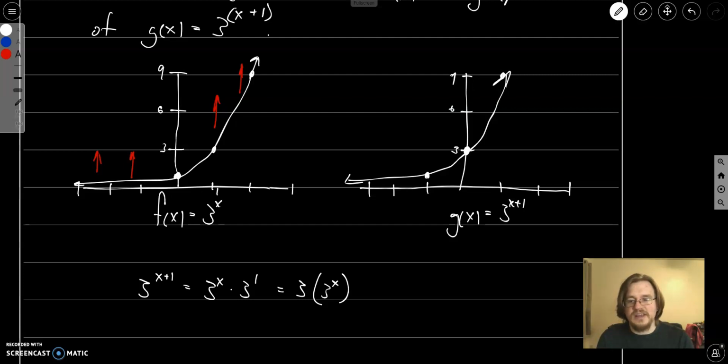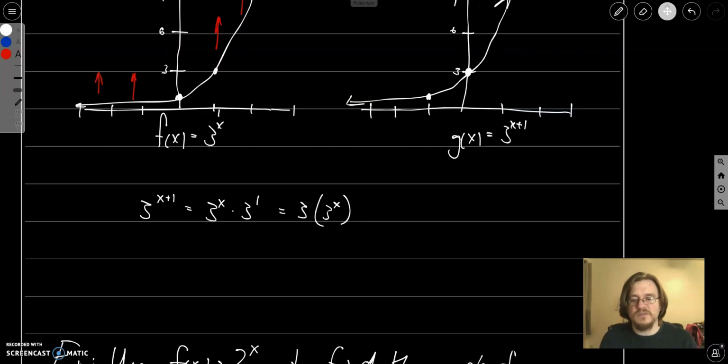We were at 3 here, and if you multiply 3 by 3, we're stretching all the way up to 9. So shifting an exponential to the left is the same thing as multiplying it by some number. And this is just a neat aside that I wanted to show.